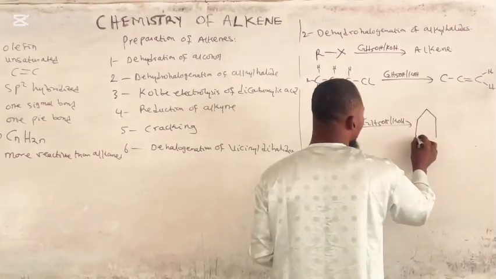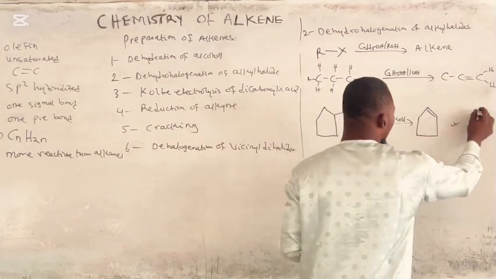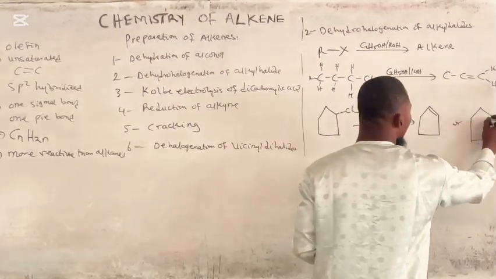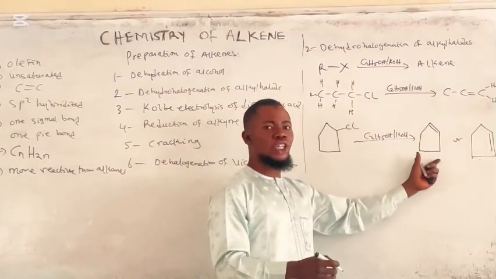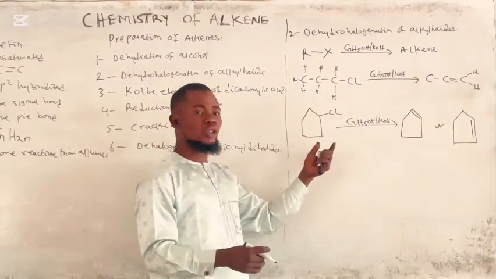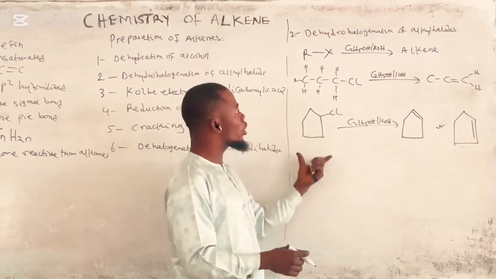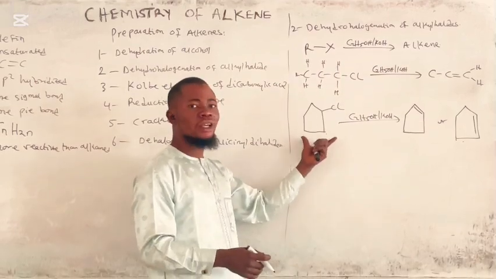You'll have cyclopentene either way. Here we will not have either major or minor product, since there is no substituent attached to the starting point. So this is how you can prepare alkene from dehydrohalogenation of alkyl halide.